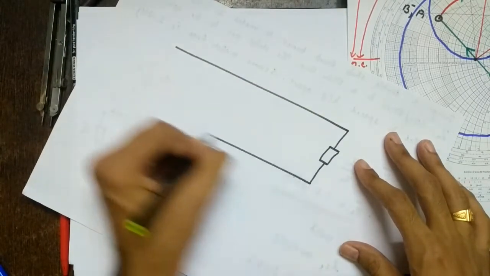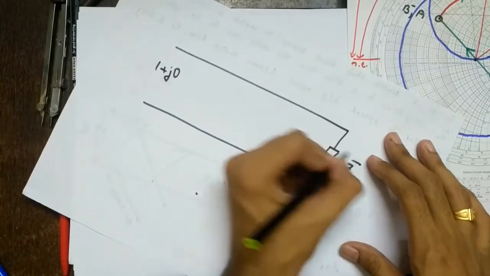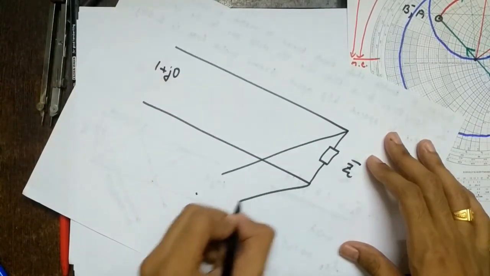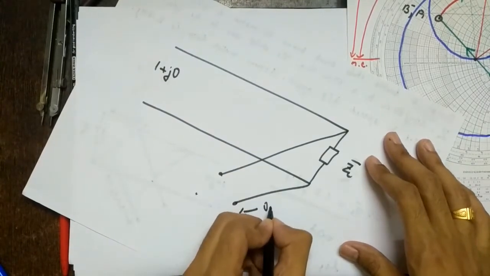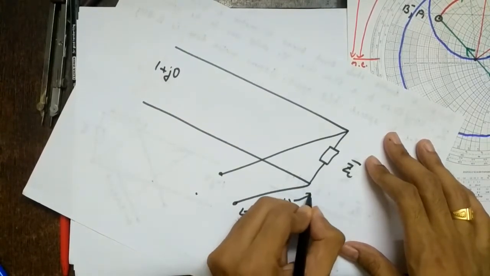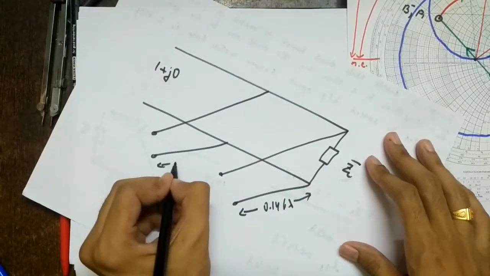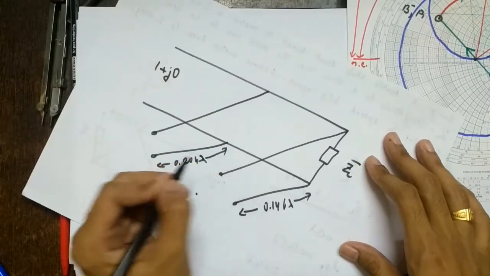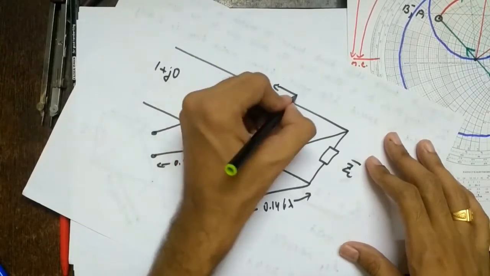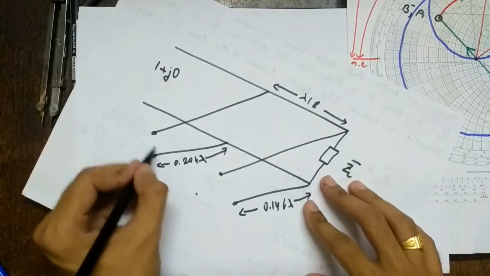This is 1 plus j0. This is ZL bar. And from here itself we have the first stub with a distance 0.146 lambda. Then we have a second stub with a distance 0.204 lambda. And this distance is lambda by 8. Right? And they are open circuit stubs.